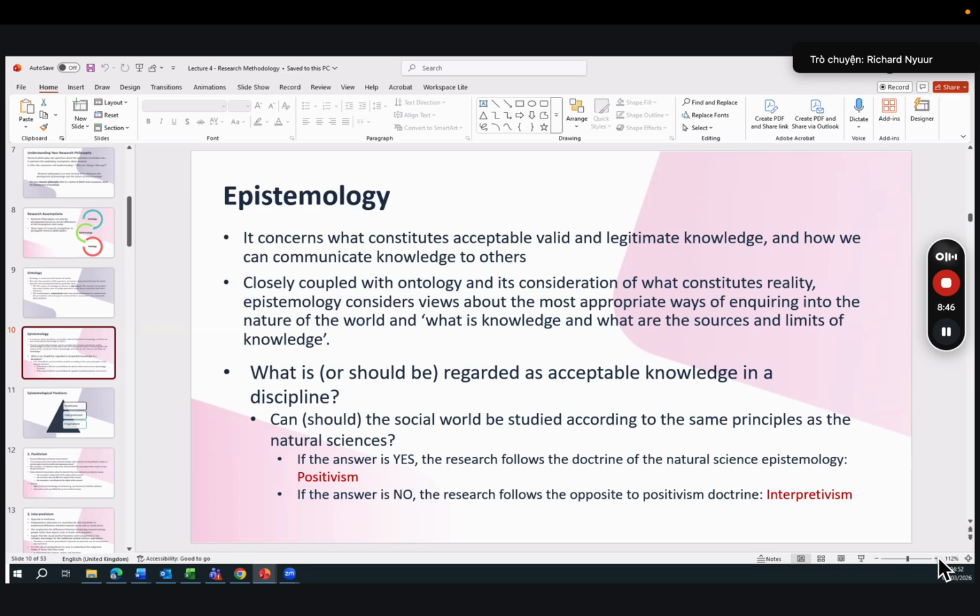But in social sciences, it's more about people's opinions, people's views. And that is much more in line with interpretivism.